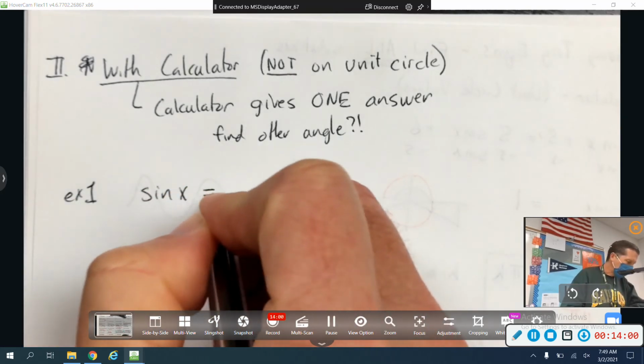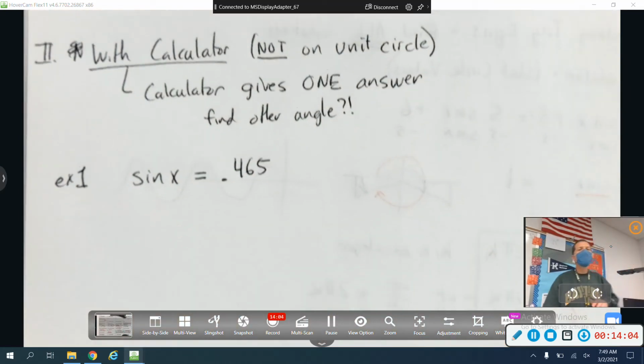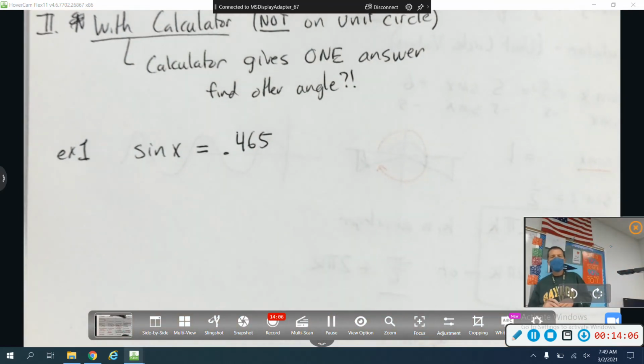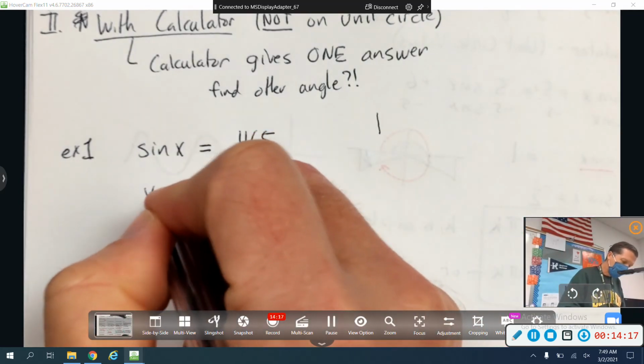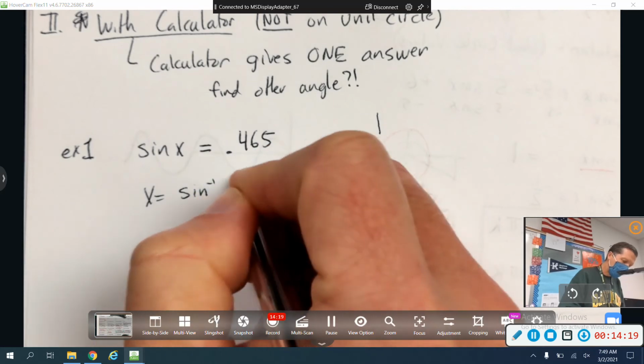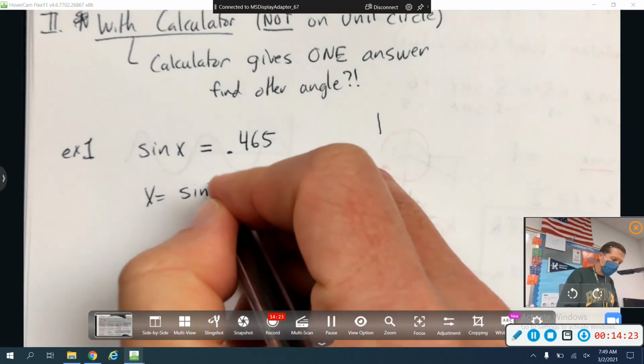Show you what I mean. Sine of x equals 0.465. Definitely not a unit circle value, right? Who knows what that is? So we can use the calculator and do inverse sine of 0.465, right, to undo the sine.